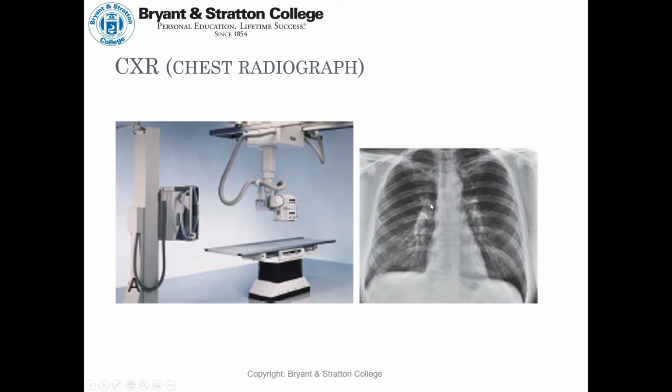But what's interesting with the chest x-ray, you look at this white area. And remember, this is lung. We shouldn't really be seeing much white here. This could indicate something like pneumonia. All right?